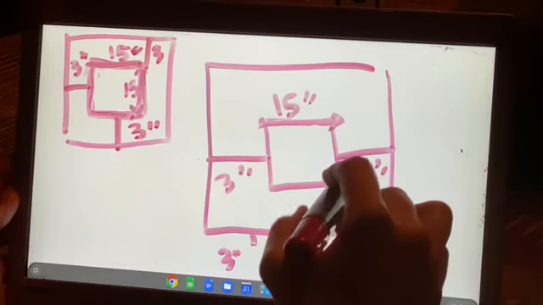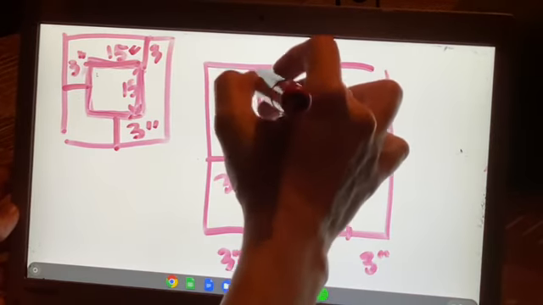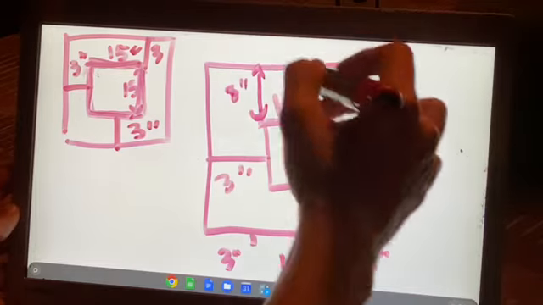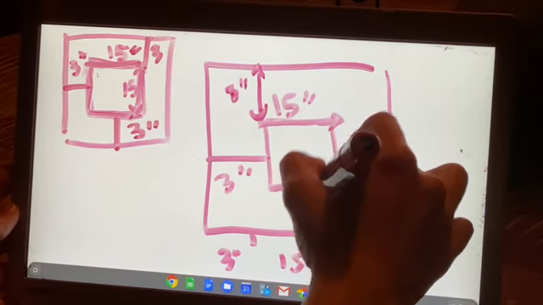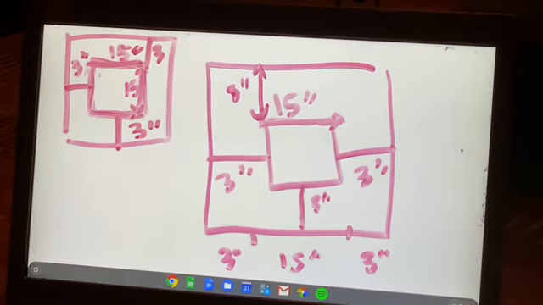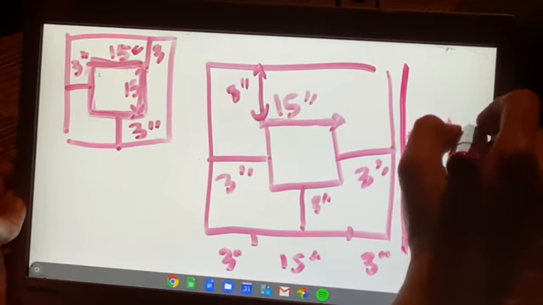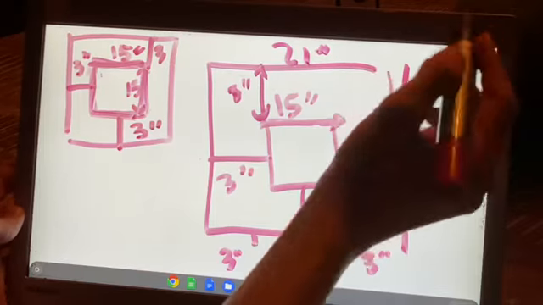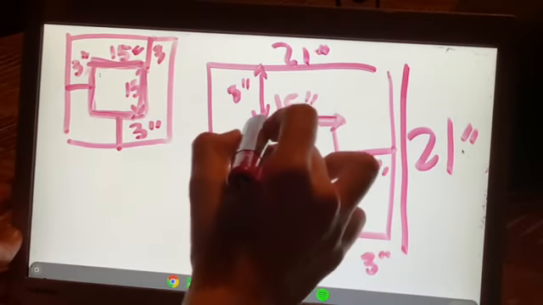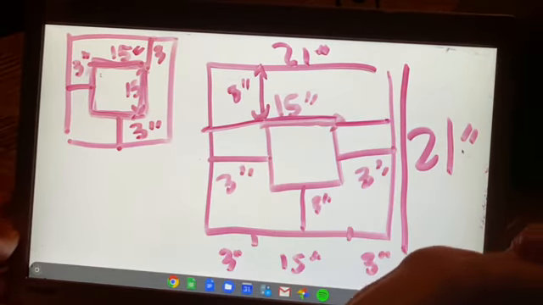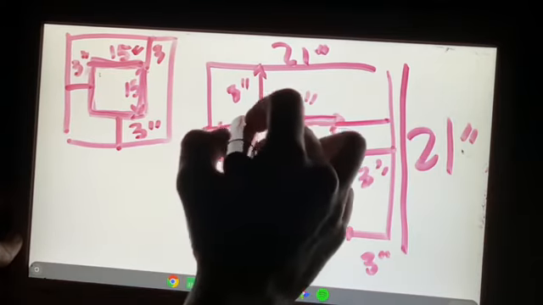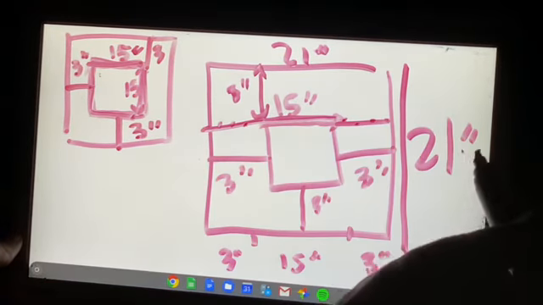Does that make sense, you guys? 3 inches. So all around is 3 inches, extending past the 15. So that means that this entire side is going to be 21 inches. Can y'all see why? So we have 15 inches here, and then we have 3 and 3. So 15 plus 16, 17, 18, 19, 20, 21.